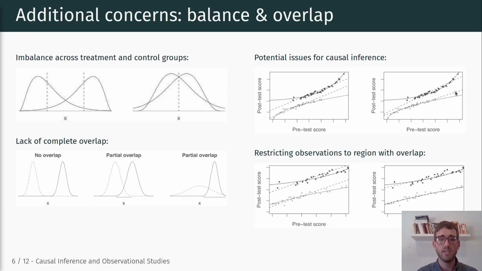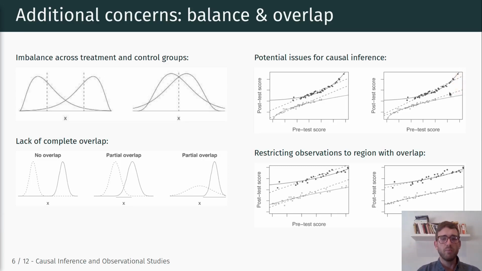Okay, and so here we see two regression lines where we included an interaction term, so there's a slope difference in addition to the intercept shift, essentially, right? And so now, conditional on pretest scores, we have smaller estimated treatment effects on the lower end and larger estimated treatment effects on the upper end.